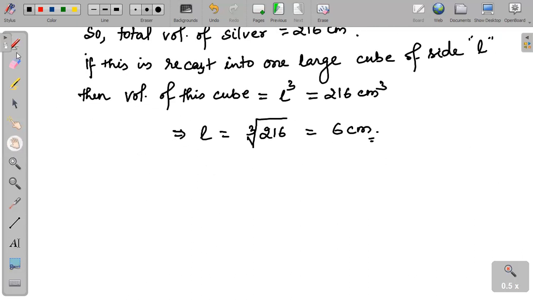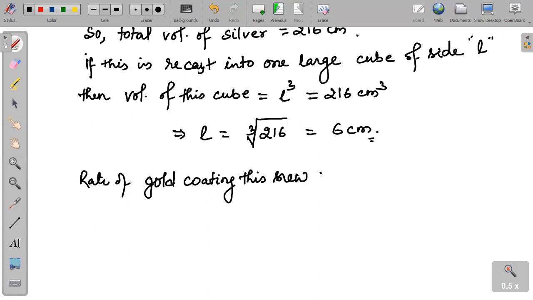Now rate of gold coating this new silver cube.